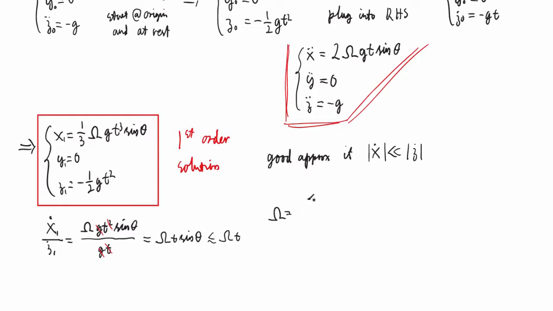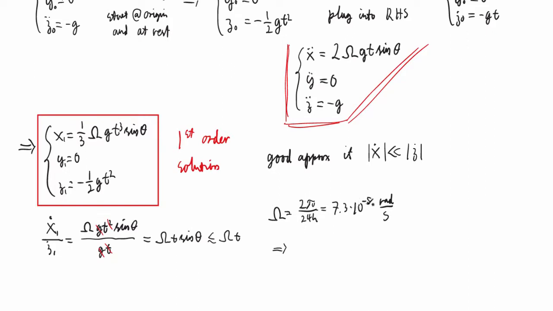Omega is 2 pi over 24 hours. So it turns out, if you do that, you get 7.3 times 10 to the minus 5 radians per second. So that means that the approximation is valid on the order of hours, at least.